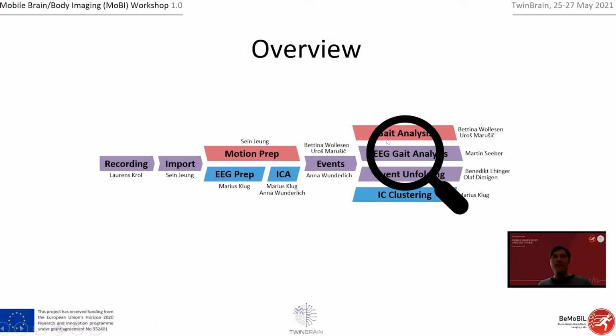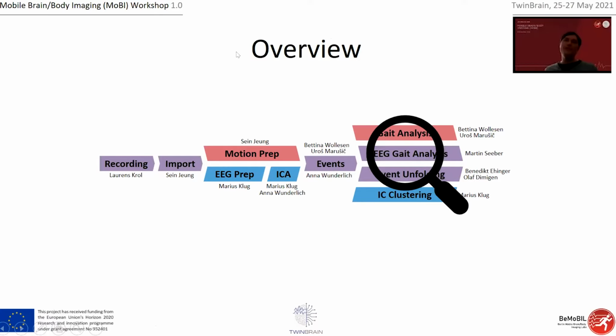To go back to the overview, we already have a long journey behind us, coming from the really raw data to the pre-processing and motion processing, and today we're almost at the end of our journey.